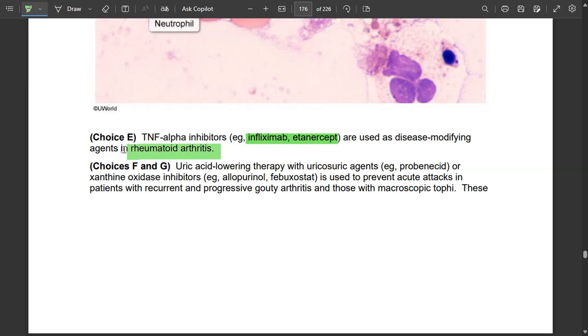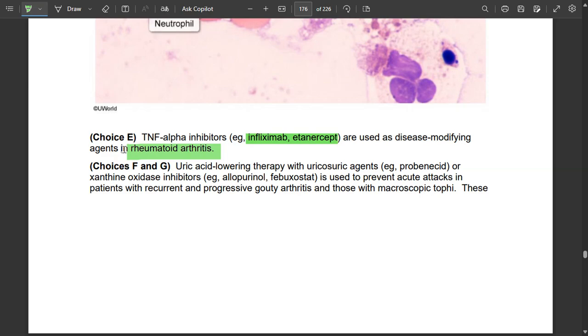Similarly, uric acid lowering agents include probenecid, which helps in excretion of uric acid, and xanthine oxidase inhibitors like allopurinol and febuxostat. They are used to prevent acute attacks in patients with recurrent or progressive gouty arthritis and those with macroscopic tophi.